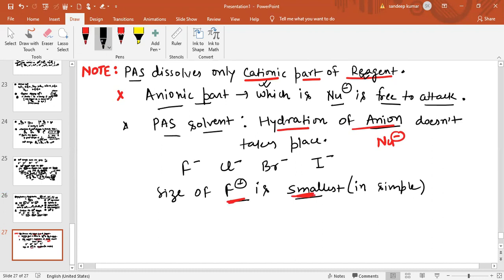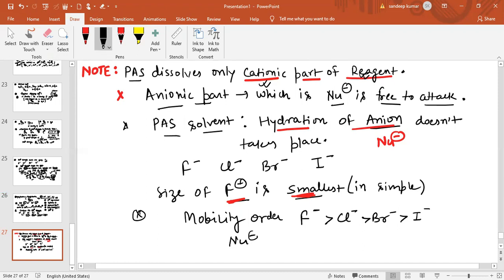It means the mobility of F minus is highest. The mobility order will be: F minus has highest mobility due to smallest size, then Cl minus, then Br minus, and then I minus. So the nucleophilic strength order will be F minus highest, then Cl minus, then Br minus, and then I minus.